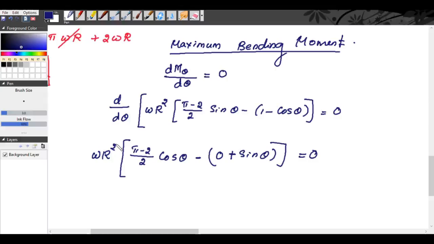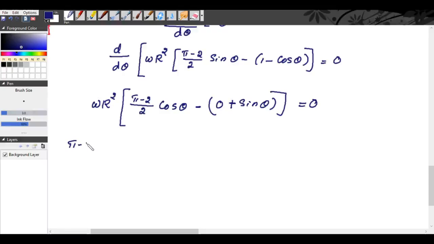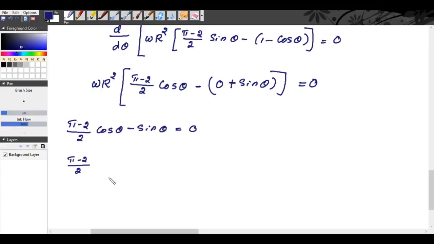So W r square is equal to 0, or this term is equal to 0. We need theta, right? So we will take this term equal to 0. So (pi minus 2)/2 cos theta minus sin theta is equal to 0. So we get (pi minus 2)/2 cos theta is equal to sin theta.